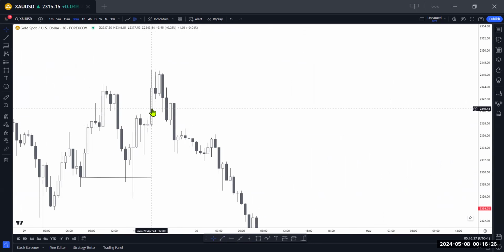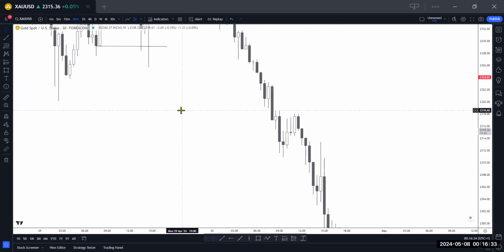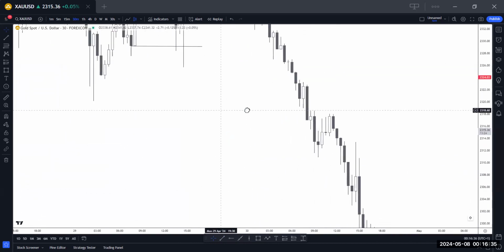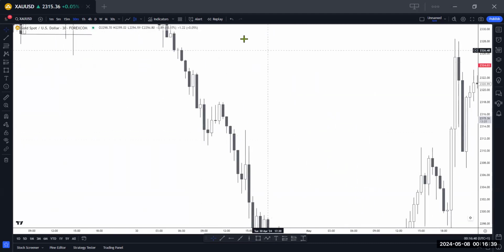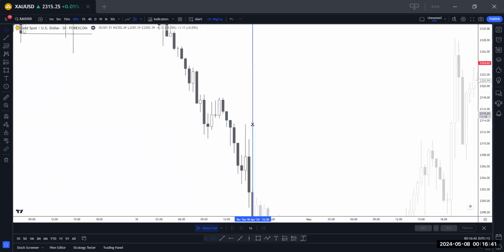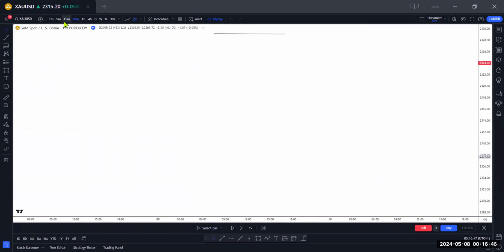So here you have your engulfing fail. Price comes and then starts to sell. Oh, there should be one here on the lower time frame. Let's go to M15. Okay.